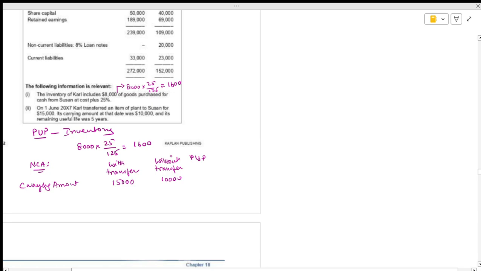The remaining useful life is 5 years, so depreciation is for 5 years, 15,000 divided by 5.